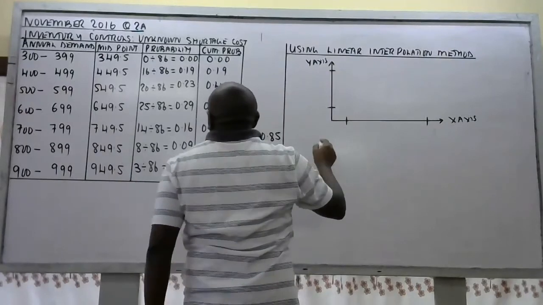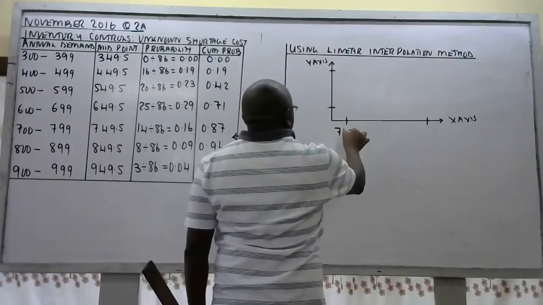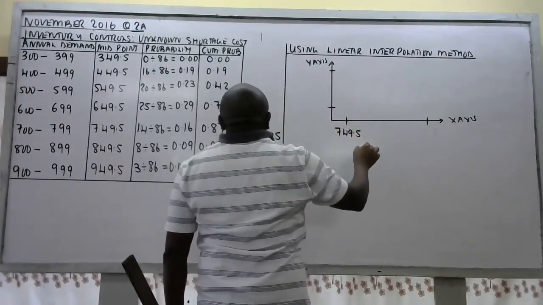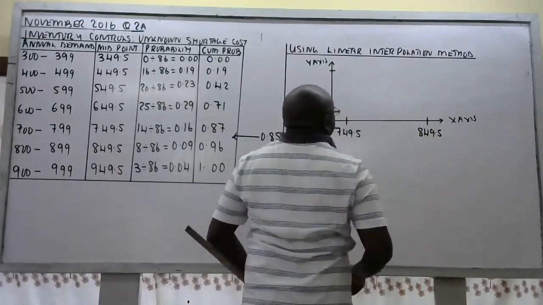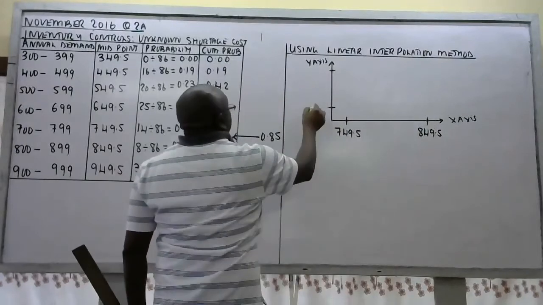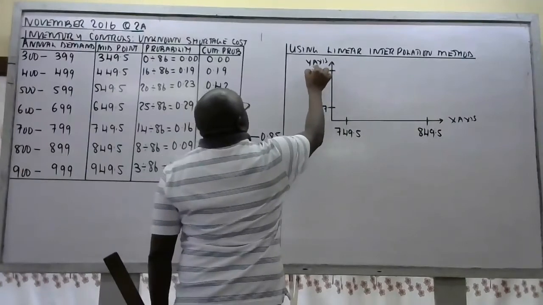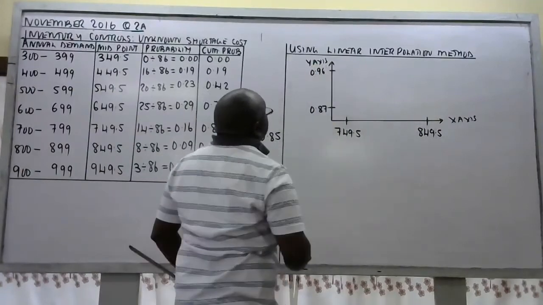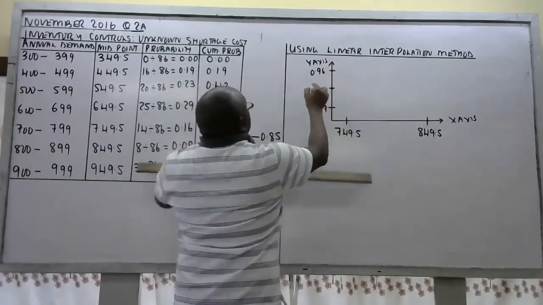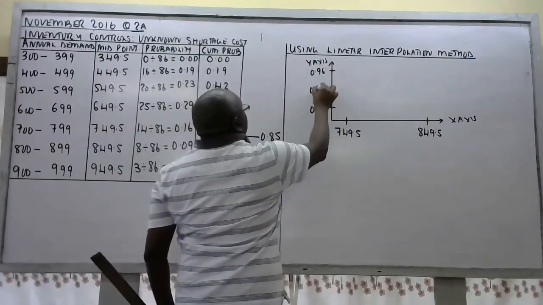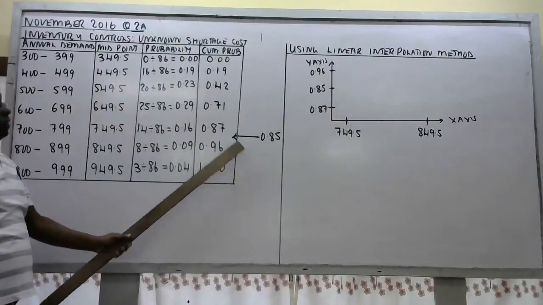This is 749.5. And this is 849.5. Then this is 0.87. And this is 0.96. You can also mark another one here, 0.85, because that is what you are looking for, this 0.85.